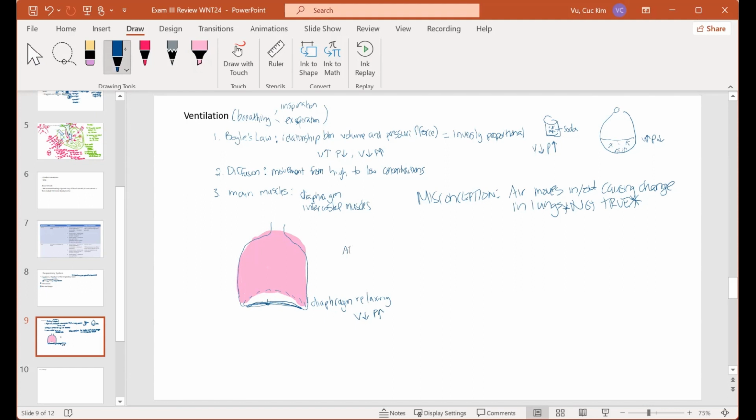Now, if you compare that to atmospheric pressure, what's the atmospheric pressure, about how much?